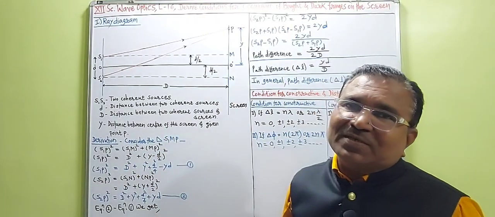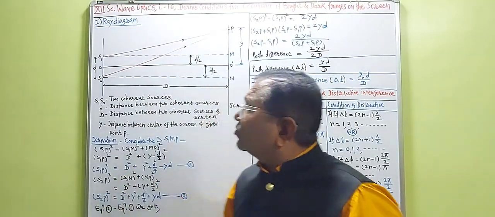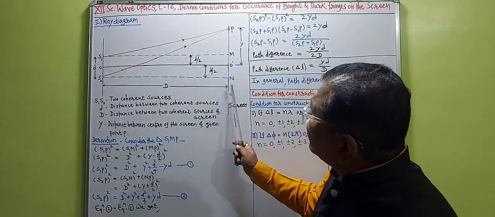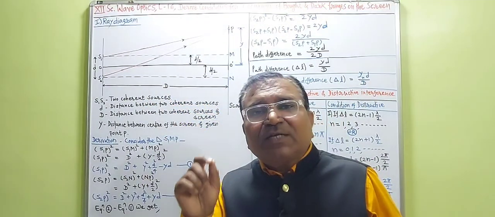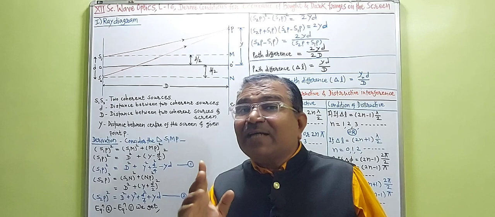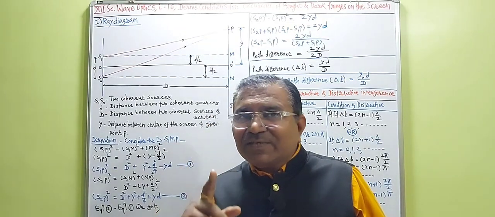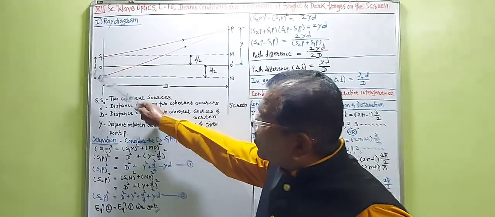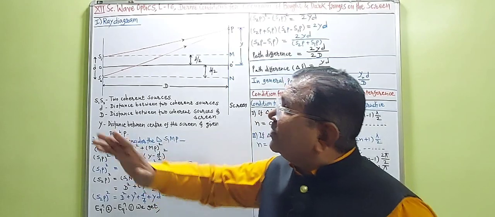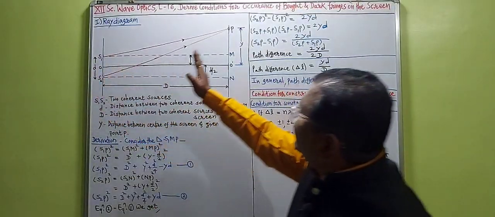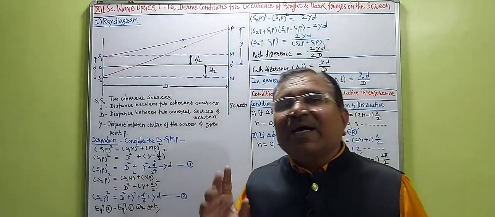That is the most important thing. Capital D should be very much greater. So this distance should be greater and this distance should be smaller. So draw the ray diagram in such a way that it clearly indicates that the distance between S1 and S2, that is small d, is smaller, and the distance between the two coherent sources and the screen, capital D, is larger.